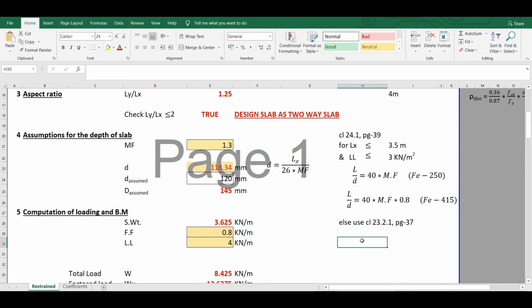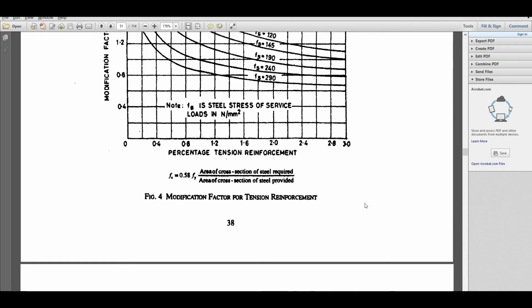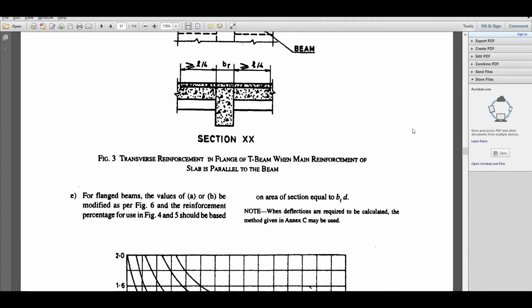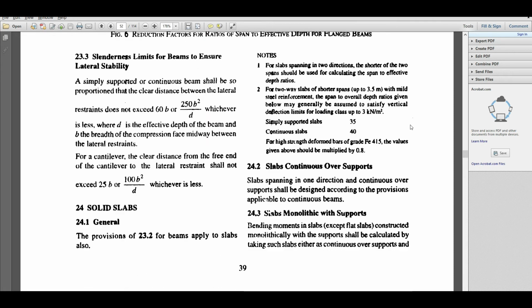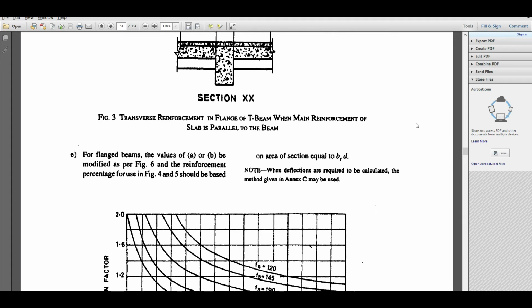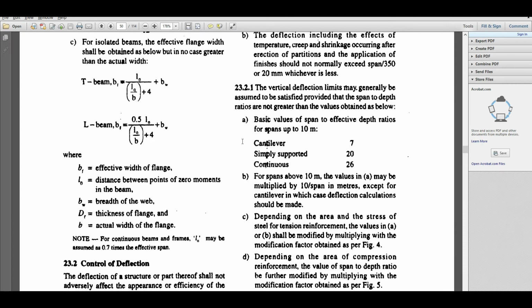As per that clause, the span by depth ratio for the continuous slab is given by 26. Basically, if the clause given on page number 39 is not satisfied, then we will use the clause on page number 37, which is the clause for the one-way slab also.